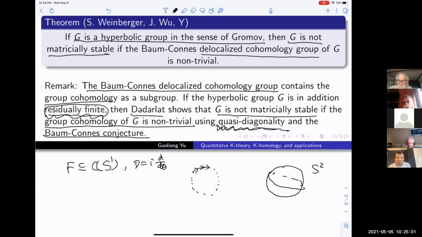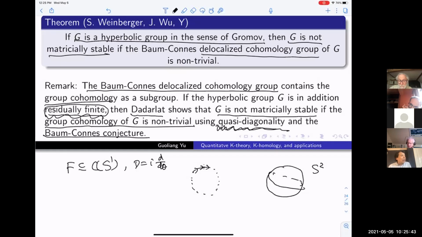No, but I was thinking slightly differently. So there is this Joachim's picture of the assembly map. My feeling is that if you restrict to a finite iteration of the algebra and the group, and the group action, let's say it does not have to preserve the filtration, but is more uniform with respect to this filtration, then the corresponding version of the assembly map has a good chance to be an isomorphism.